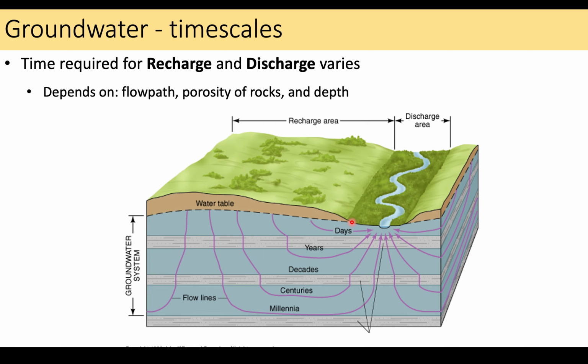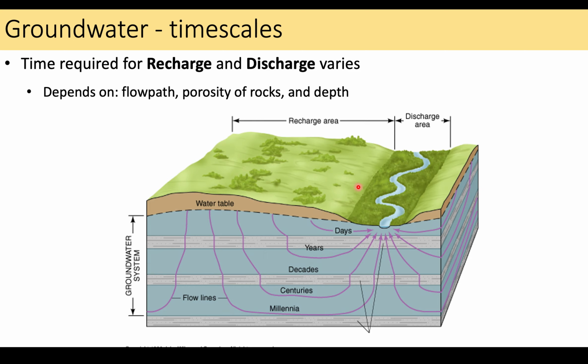So the time scale of this recharge and discharge is a little bit trickier. So it's very variable. So for recharge and discharge, it depends where you're looking. So it really depends on the flow path of the water, the porosity of the rock, and then the depth of the water table that you're looking at.